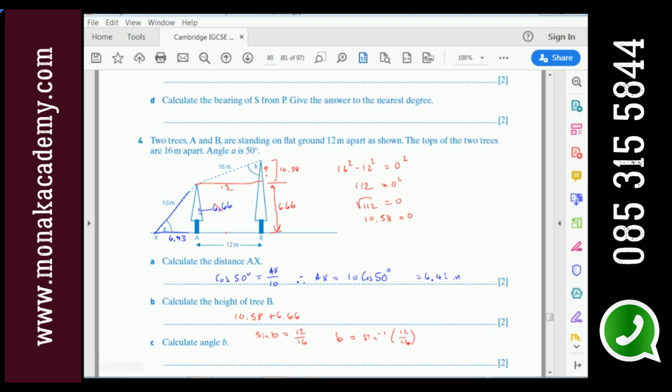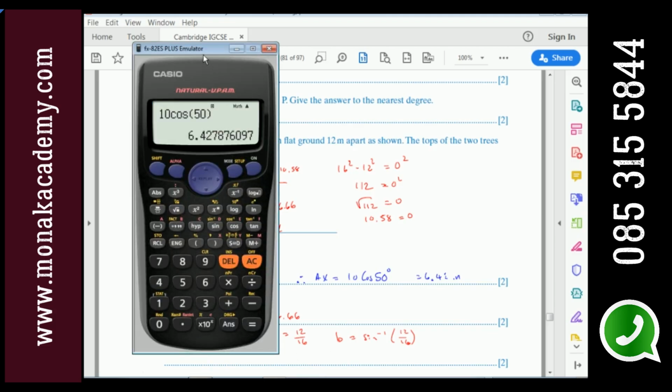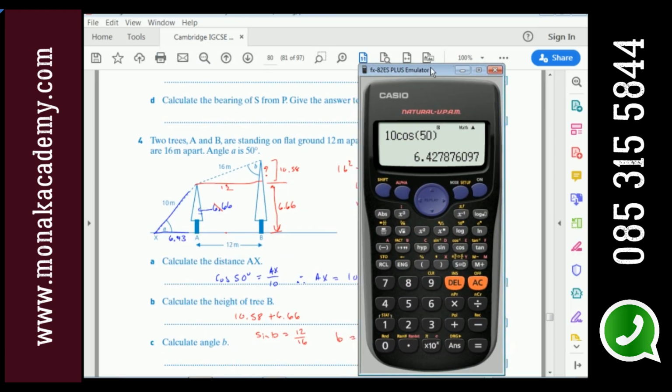Veda, I want you to use tan to find angle B. Remember, we're working with this. Okay? Don't forget your triangle. There is our triangle. And you know you have all the sides. So I want you to use tan.